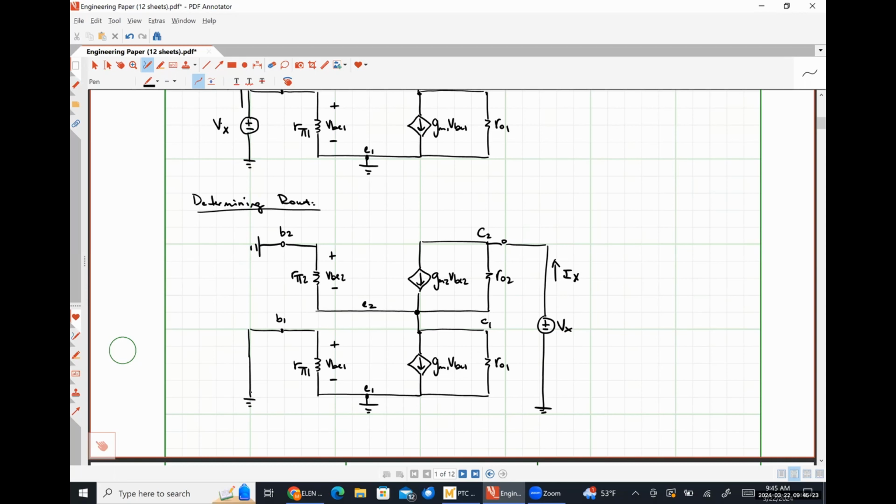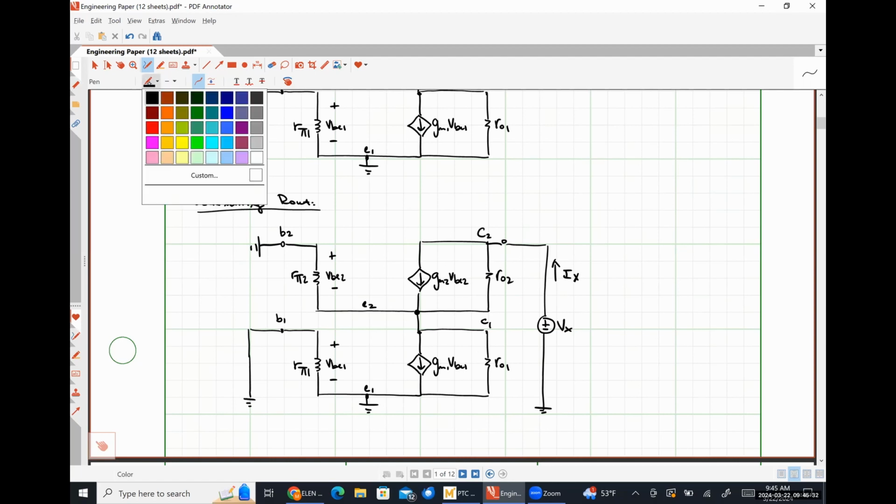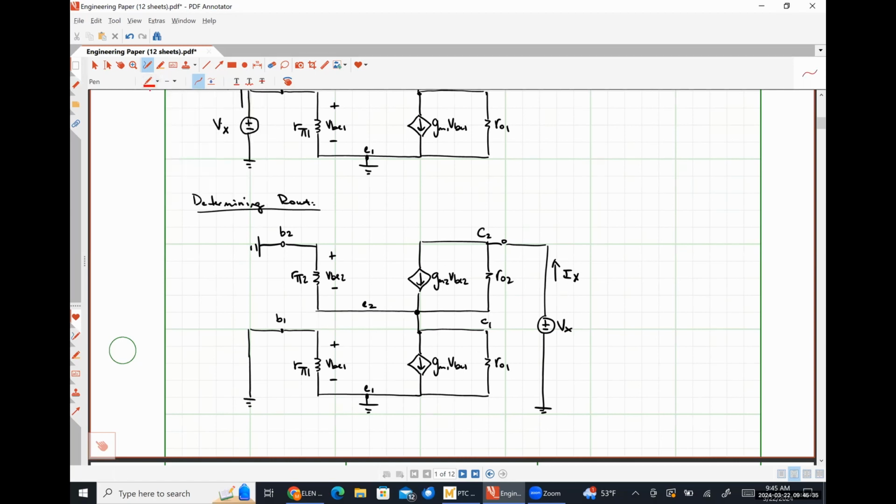What can we observe here? The bottom circuit is literally just R01. To be extraordinarily clear, VBE1 must be 0 because both the base and the emitter of transistor 1 are grounded, which means that gm VBE1 must also be 0 amps, or an open circuit. So all we have down here is a resistor R01. Absolutely correct.